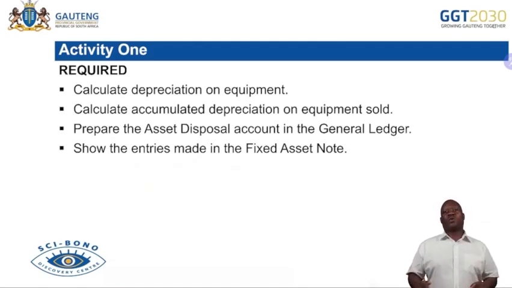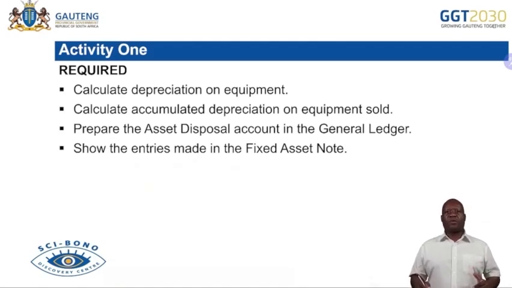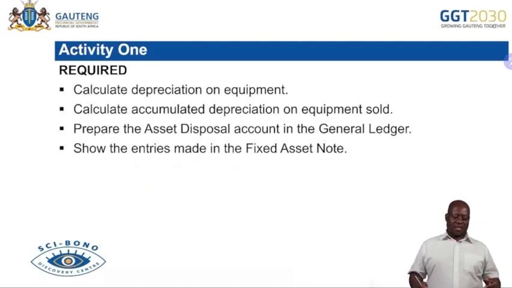You at home, you in class, you are going to go through that and see if you can be in a position to get the required amounts. So please make sure your calculator, your pen, and somewhere to write is not far from you, because I want your input. I want you to do something for us today. Now let's go through activity number 1.